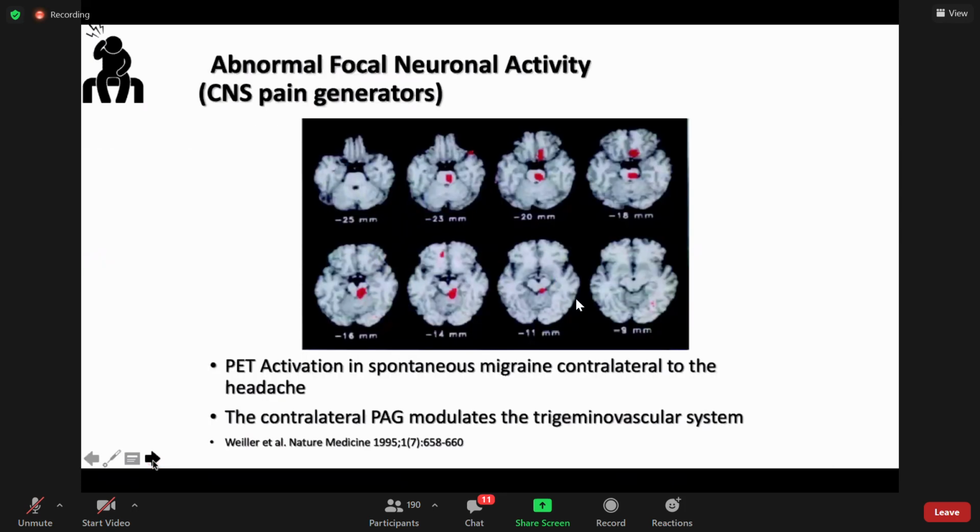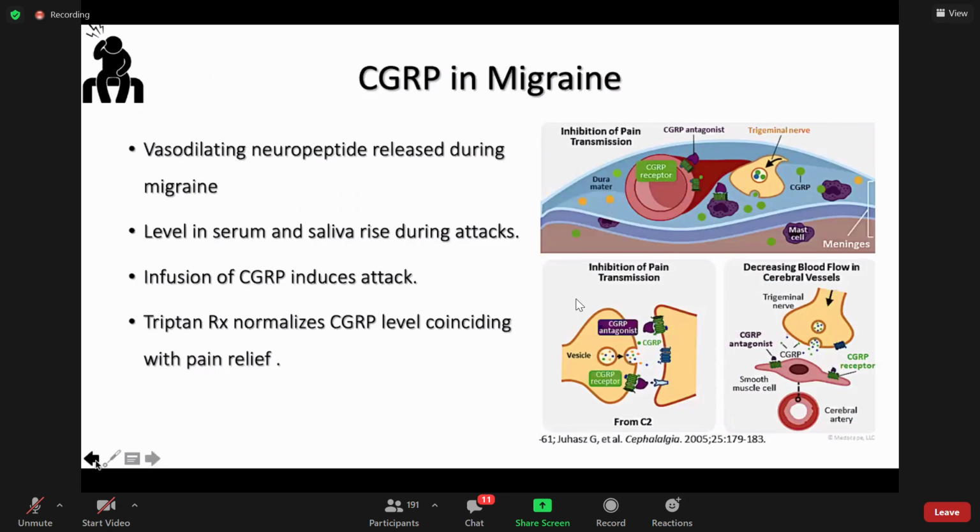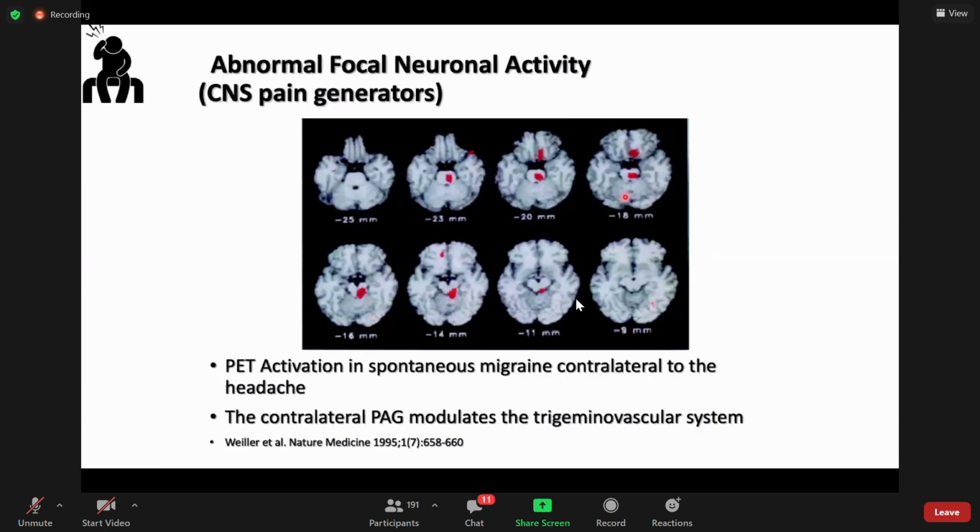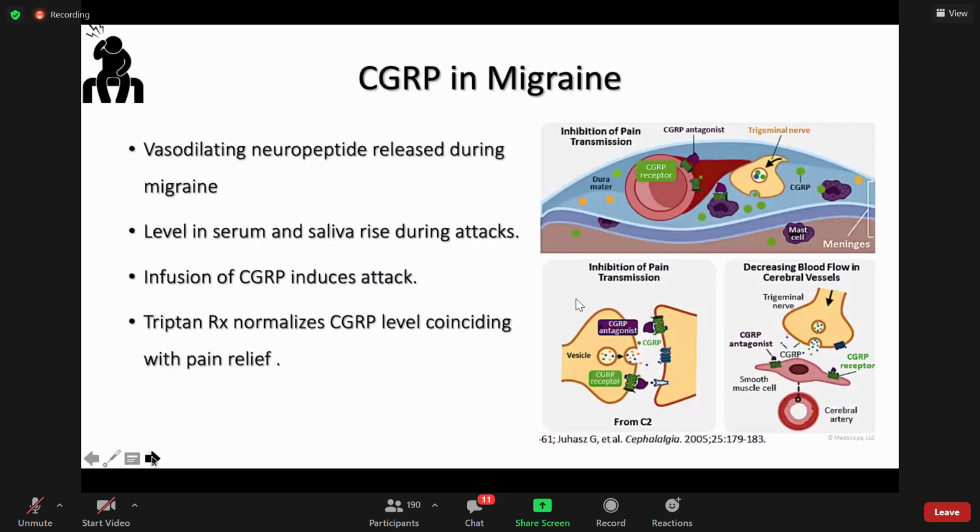Several studies, especially PET scanning studies, found that the generation of the pain comes from the upper midbrain, contralateral to the headache. There is increased activity of the periaqueductal gray matter in the brainstem.